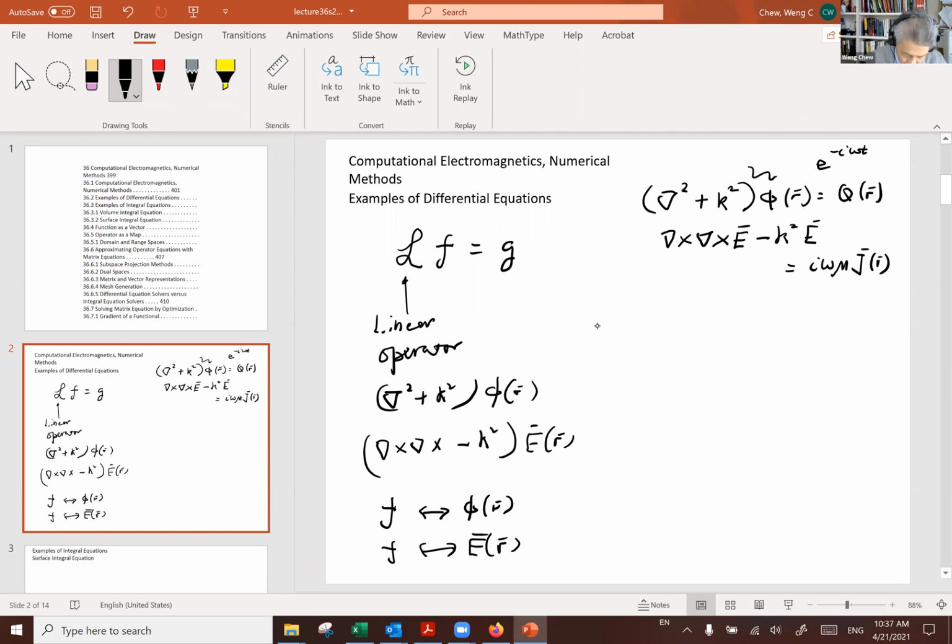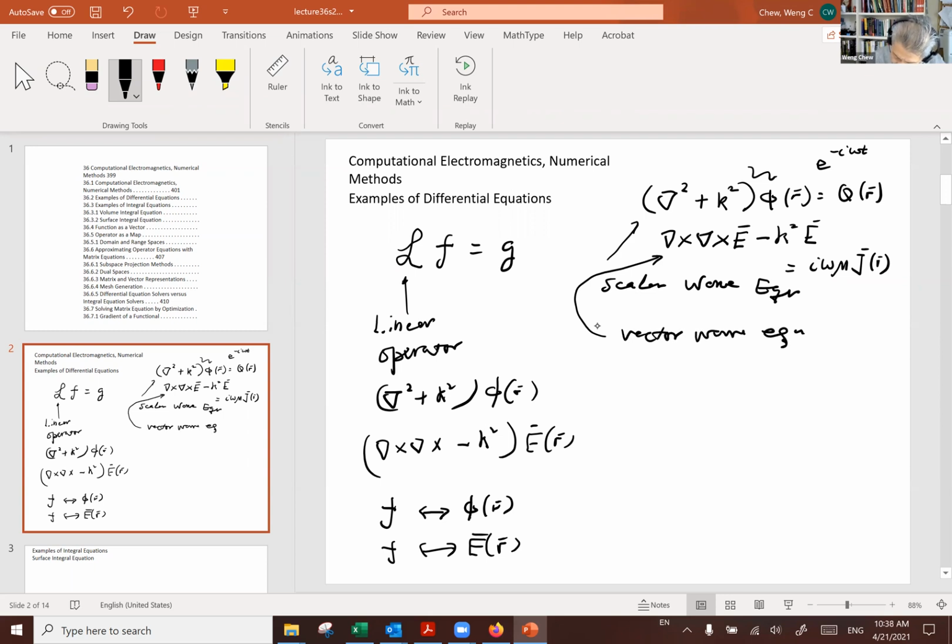And of course, this is known as the scalar wave equation. And then this is known as the vector wave equation.